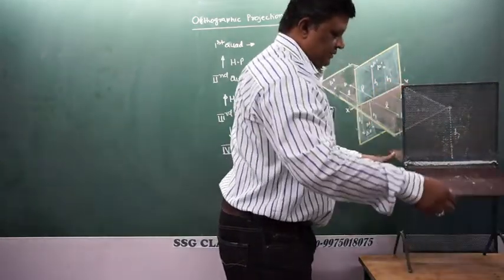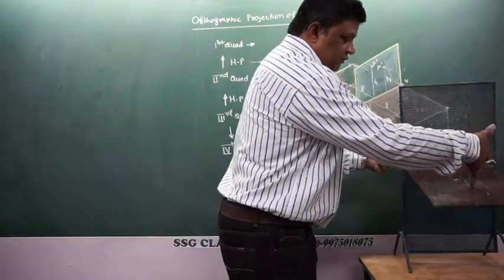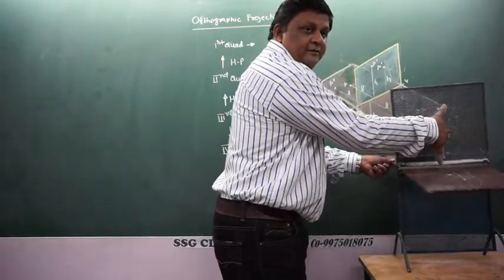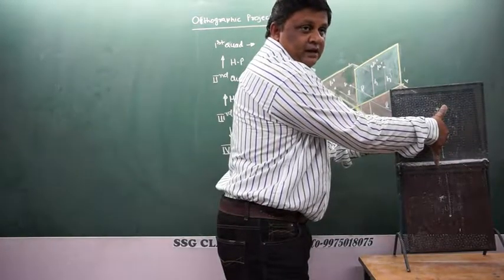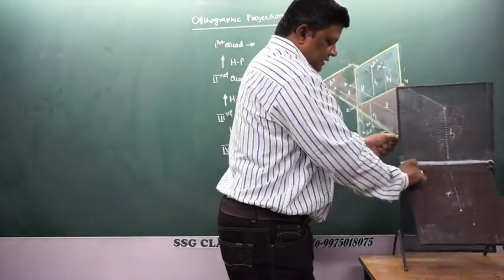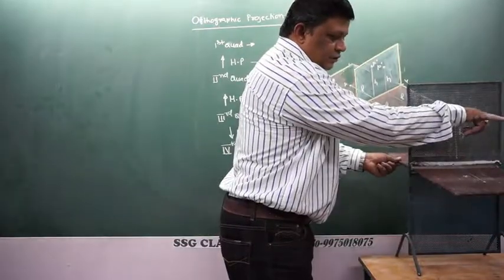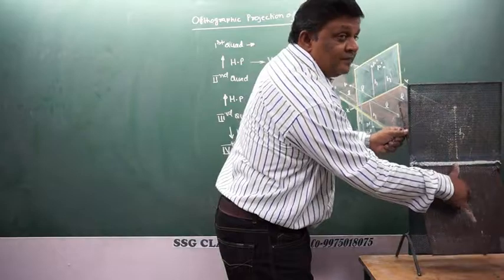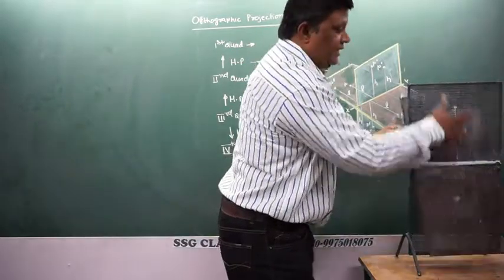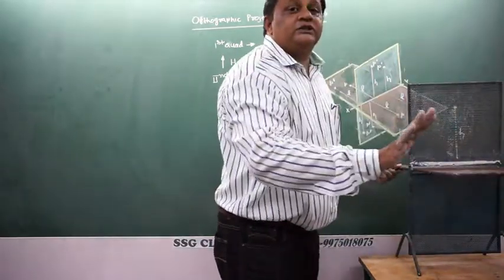Now see what has happened. The distance which was above HP remains above the XY line. Agreed? Whereas the distance which was in front of VP goes below the XY line in the first quadrant.